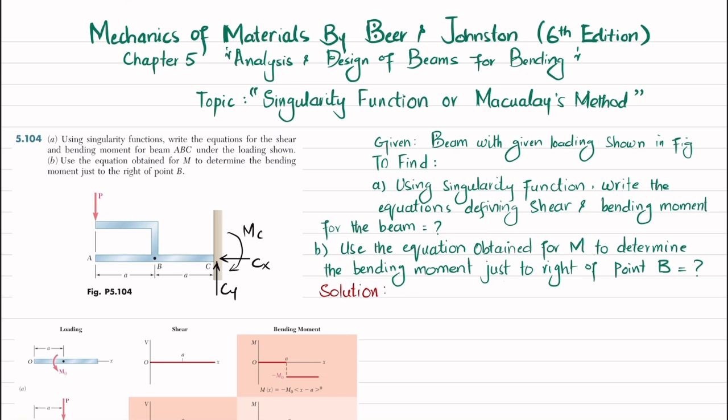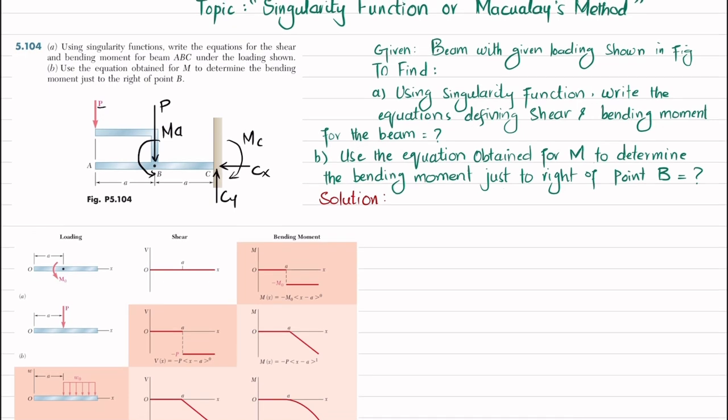Again, using a force couple system, if you move this point load P to point B, you can see there is a perpendicular distance A, and it is producing a moment in counterclockwise direction. So you will replace this with a moment that is equal to P multiplied by A. So we will draw the free body diagram for the beam.